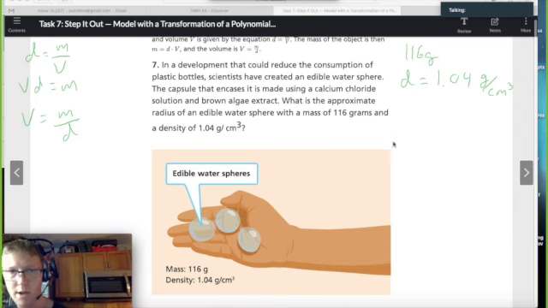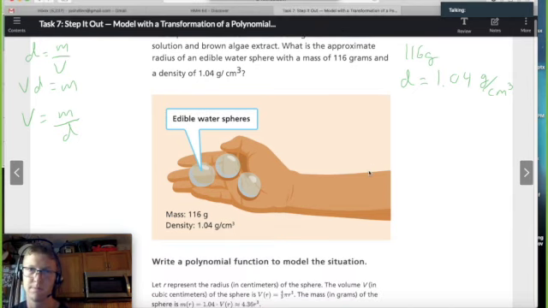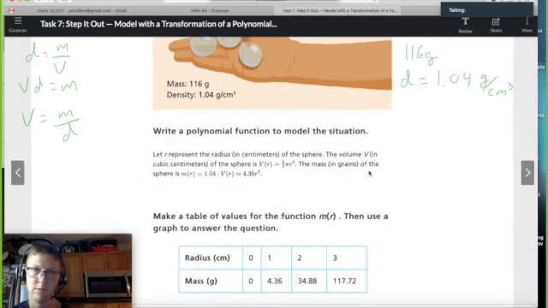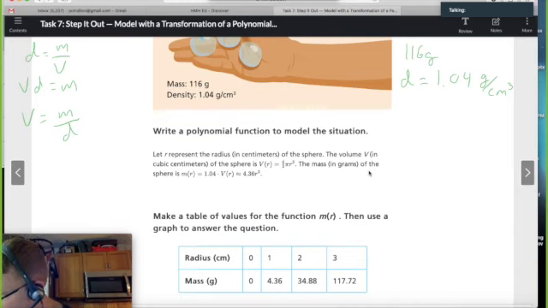Okay? So now we can write a polynomial function to model the situation. The definition of the volume of a sphere is given to us right here. So again, V of r is 4/3 pi r cubed.